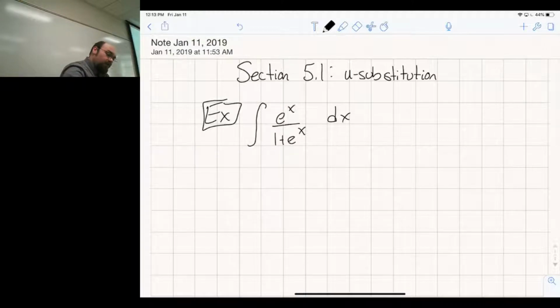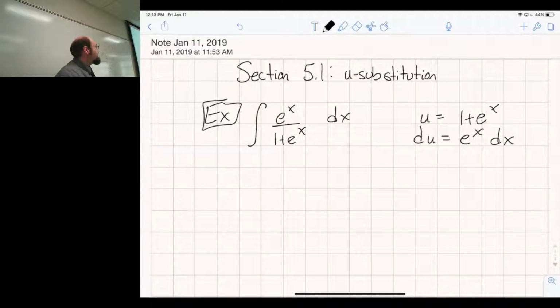So for example, could you find something that if I was to take the derivative of it, I would get back something else in the problem? E to the x, yes, but also that 1 plus needs to be with it. Because what's the derivative of 1 plus e to the x? It's just e to the x. And then I'm going to put dx out there at the end.